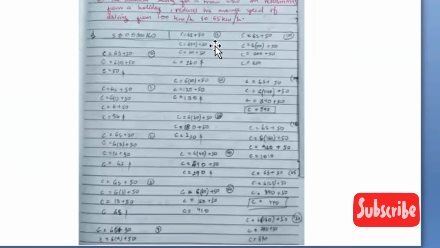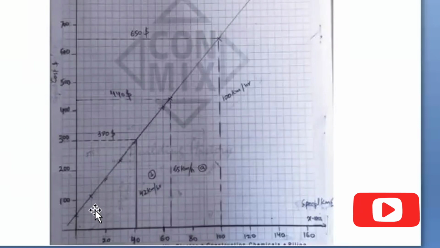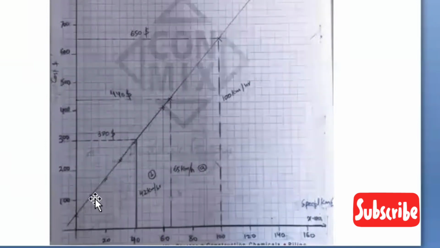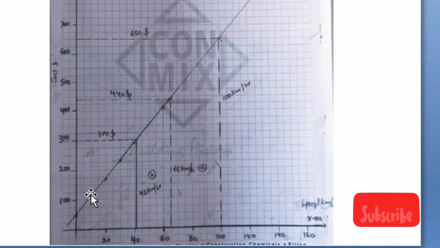That is 10 and the cost is 110. This is our other coordinate that I plot in our graph. So till here is 50. So this is a point I got at tens, and this is the point at 110. So this is another point we got from the slope-intercept equation.